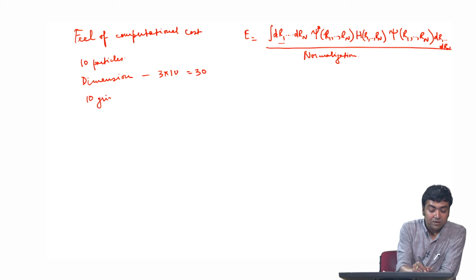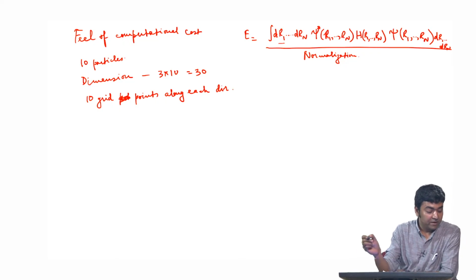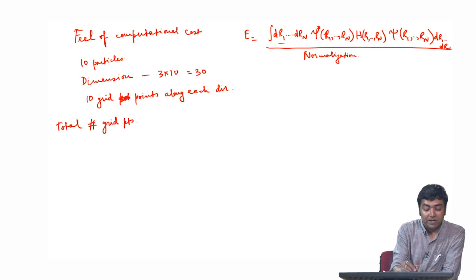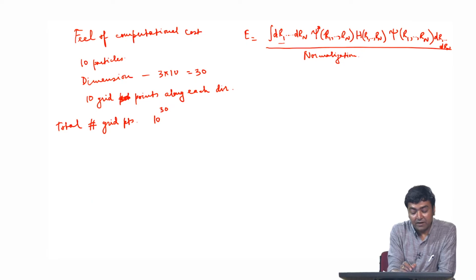This is the smallest one can think of. So, the total number of grid points will then be 10 to the power 30. We have to evaluate the function at these many grid points to compute the integral.